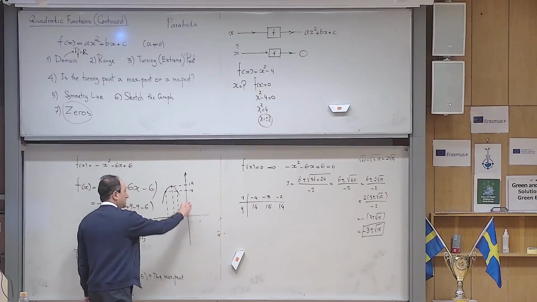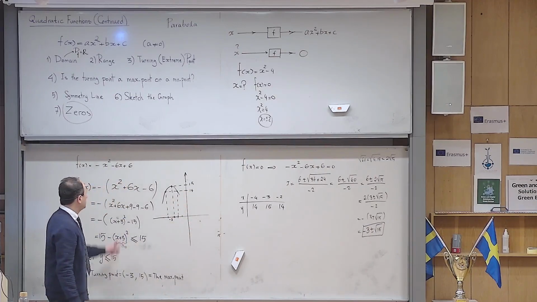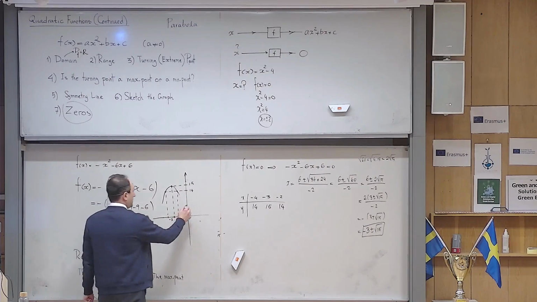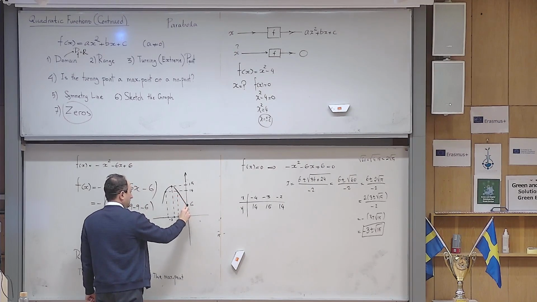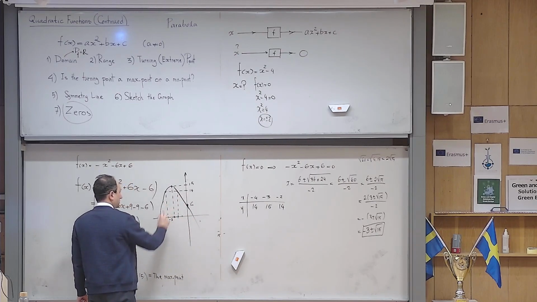But where this is the intersection point, you put 0 here, it becomes 6. So down there should be 6 here. So it should go from here, yes? And then it will go there.